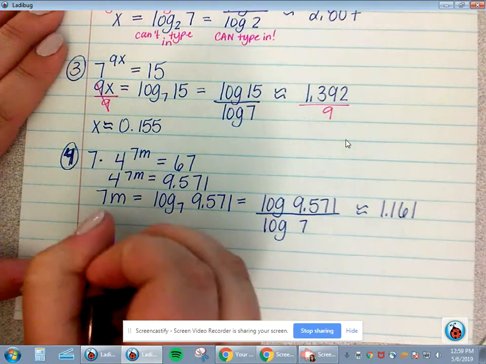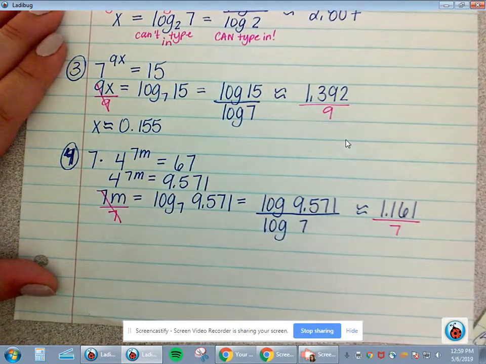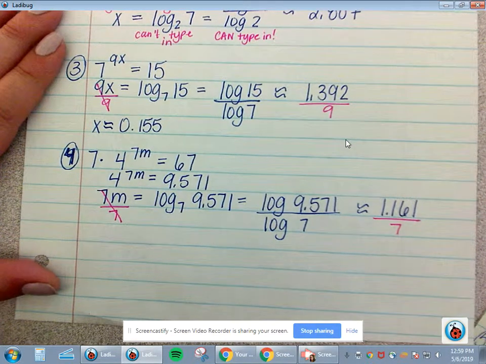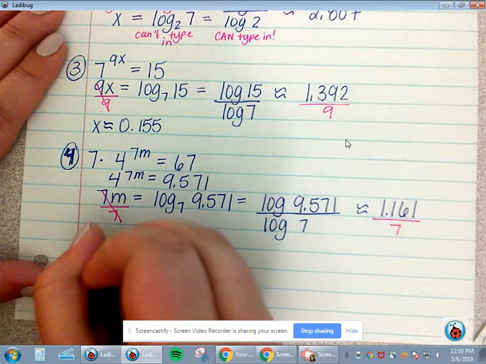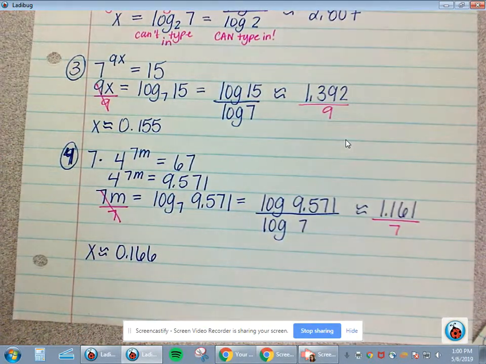And then lastly, divide out my 7. And I have 0.166. So there is our answer.